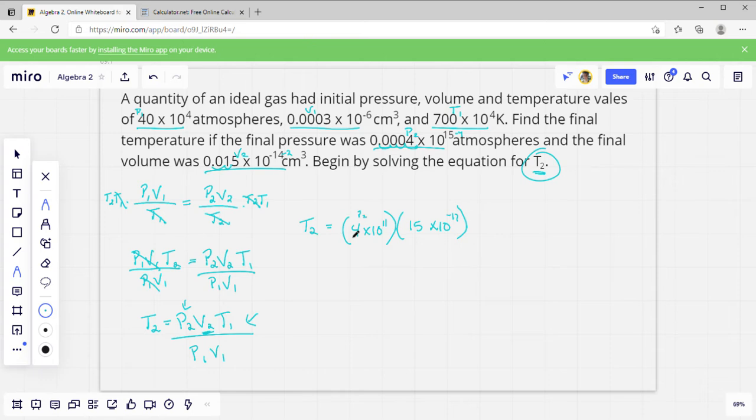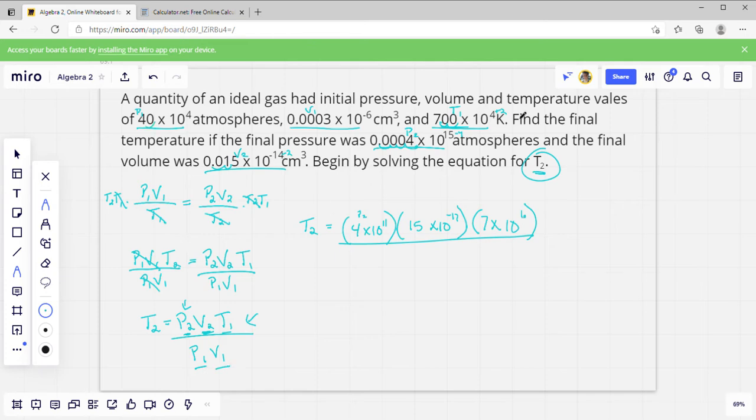All right, so I've used P1, P2, V2. Now I need temperature 1, which would be up here, which is 7 times 10. I moved it 1, 2, so plus 2, 10 to the 6th. All of that is going to go over my P1 V1. P1 is right here.